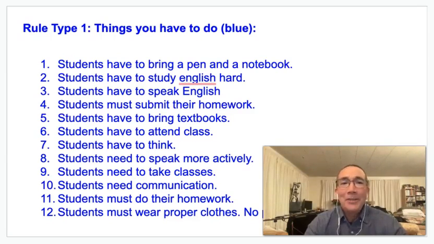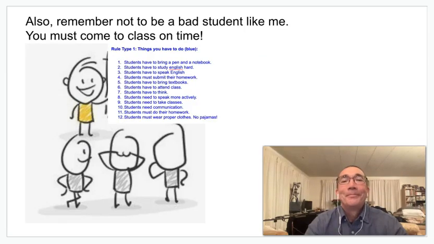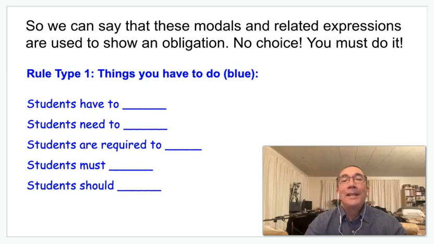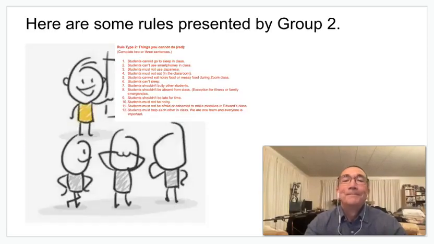Well, I haven't seen a student wearing pajamas in the classroom yet. Also, remember not to be a bad student like me. You must come to class on time. So we can say that these modals and related expressions are used to show an obligation. No choice. You must do it.